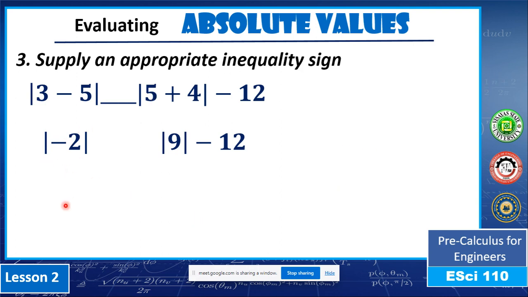The absolute value of negative 2 becomes 2. This 9, being positive, stays 9. So 9 minus 12 equals negative 3. As we simplify this further, we can say that the left side is greater than the right side. So that's how you evaluate absolute values in an inequality.